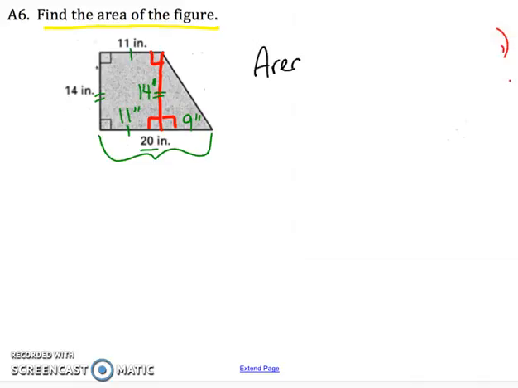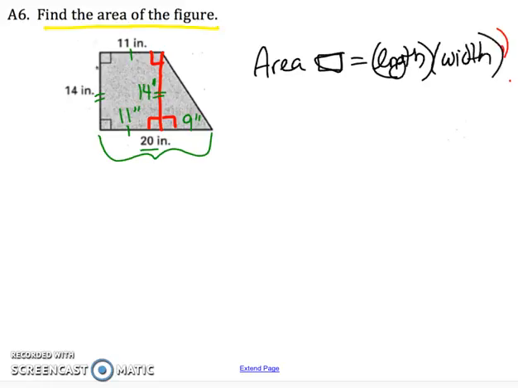So to start off with, I can find the area of that rectangle. And the area of a rectangle we know is length times width. So in this particular example, the area of my rectangle is 11 times 14. And then that gives me a total of 154.